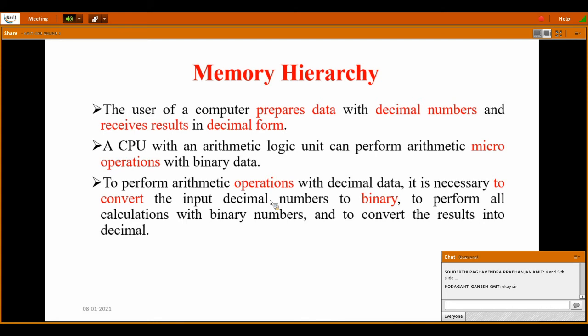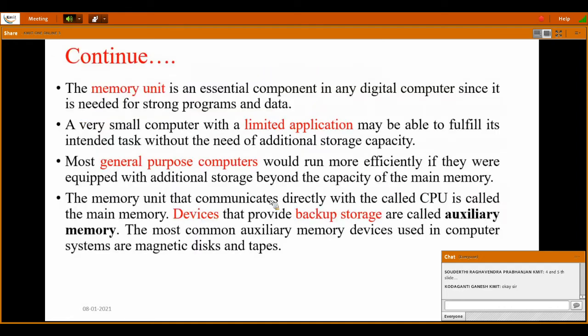To perform arithmetic operations with decimal data, it is necessary to convert the input decimal numbers to binary, perform all calculations with binary numbers, and convert the result into decimal numbers.